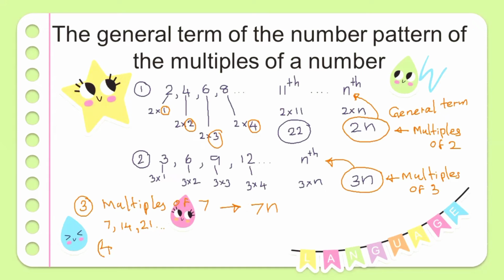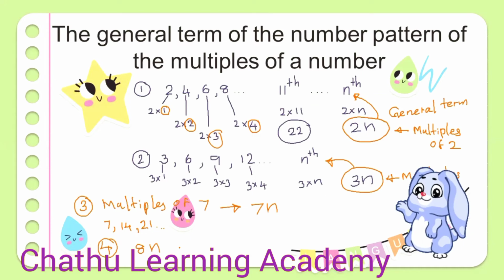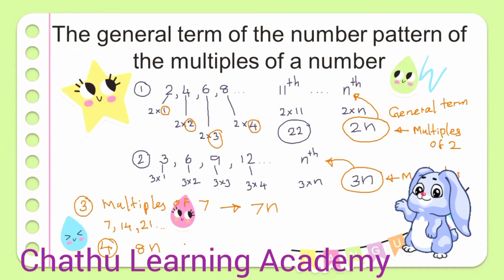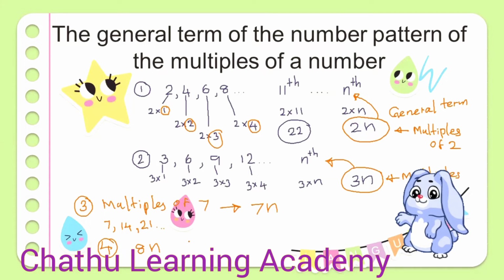If you are given multiples of 8, what is the general term? It should be 8n. Likewise, now you can find the general term, or nth term, of any given number pattern of the multiples of a number.